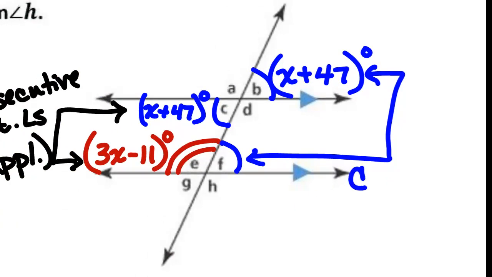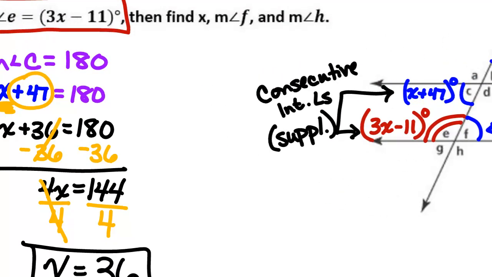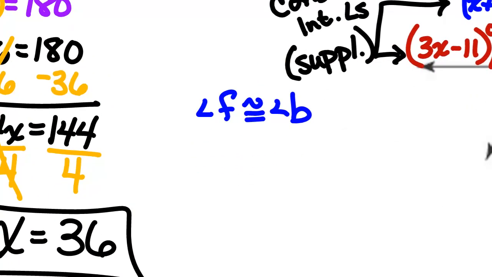Corresponding angles. And corresponding angles are one of my congruent pairs. So angle F is congruent to angle B. So the measurement of angle F is equal to the measurement of angle B.